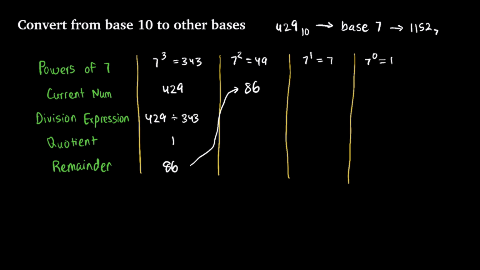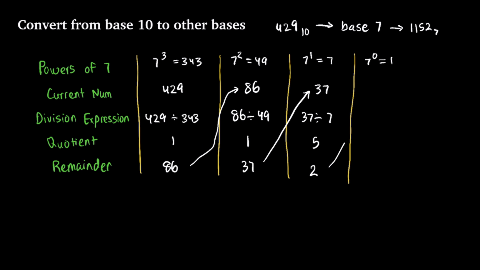And now this is 86, and we're going to divide 86 by 49. And 86 divided by 49, again, only goes in once, so our quotient is 1. And our remainder is going to be 86 minus 49, which is 37. Then we bring 37 up to our current number in the next iteration. Now we're dividing 37 by 7, and 37 divided by 7 gives a quotient of 5 with a remainder of 2, because 5 times 7 is 35, plus 2 is 37.